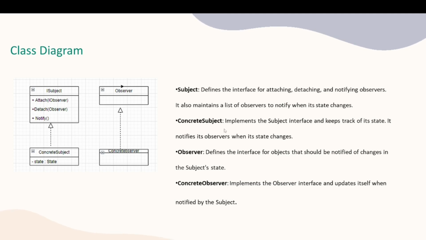The concrete subject implements the subject interface and keeps track of its state. There is an observer. It defines the interface for objects that should be notified of the subject's state. And there is a concrete observer. It implements the observer interface and updates when notified by the subject.